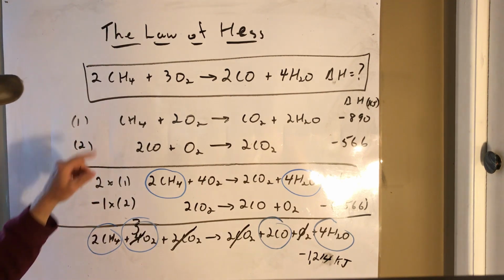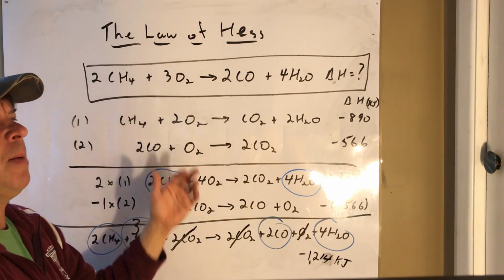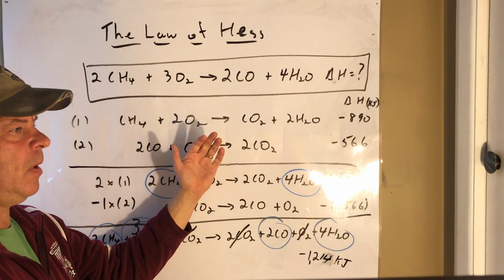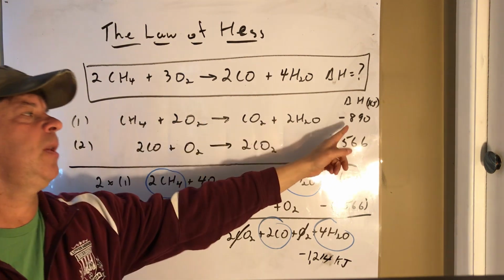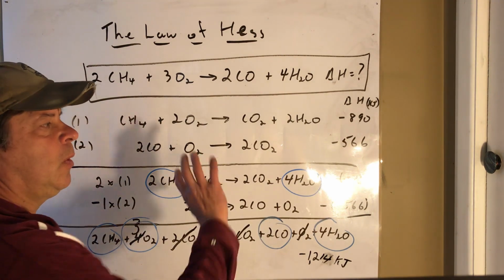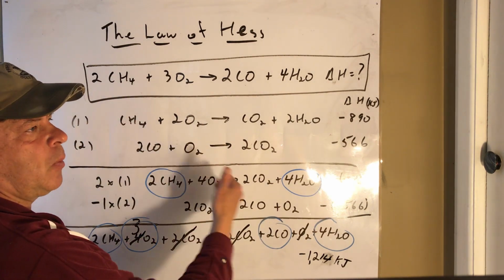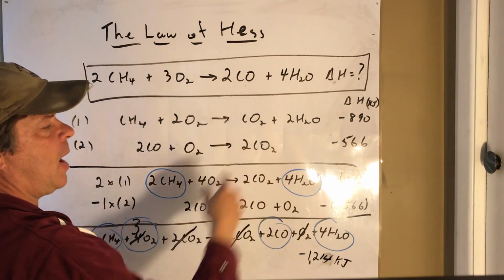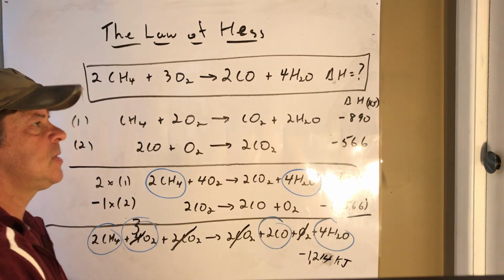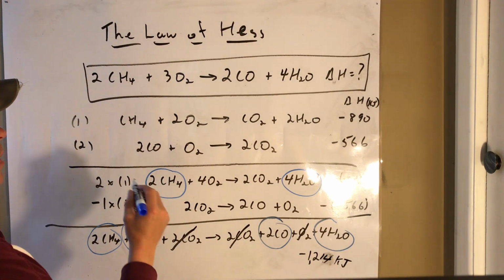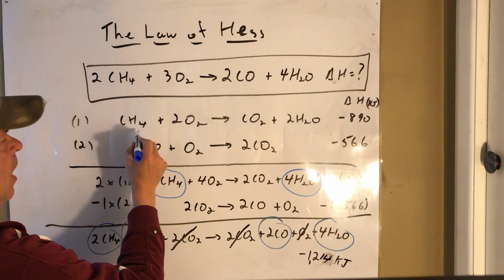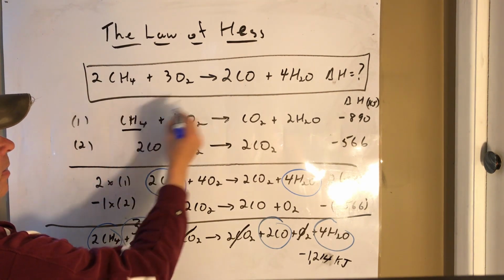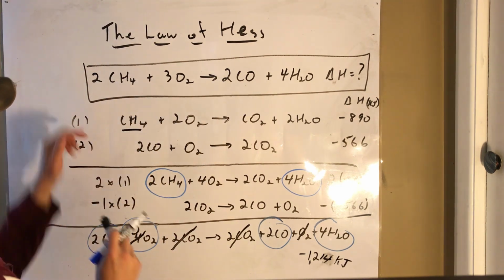We can double them, we can triple them, we can take 1/2 of the reaction, take 1/2 of this, we'd have to take 1/2 of that, and we can also reverse the equation, make the reactants products and products reactants. And you want to start with an equation that has something unique in it that corresponds to what's in the overall reaction.